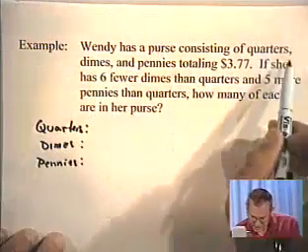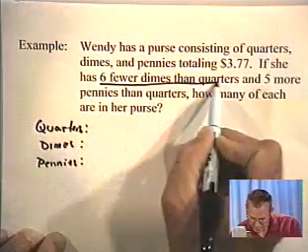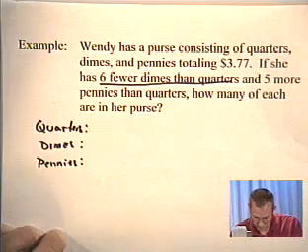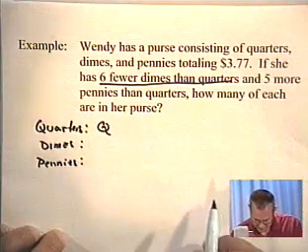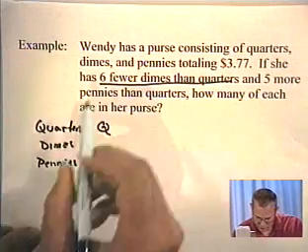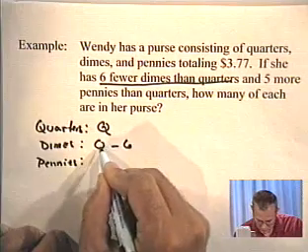Wendy has a purse consisting of quarters, dimes, and pennies. She has 6 fewer dimes than quarters.